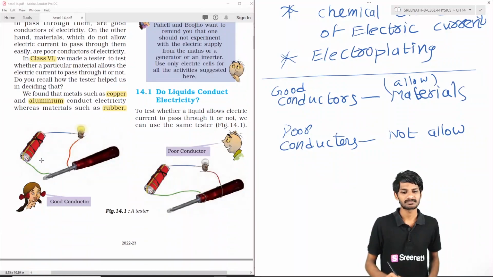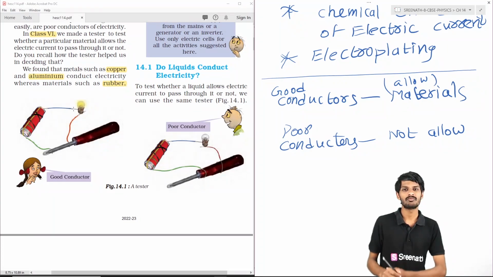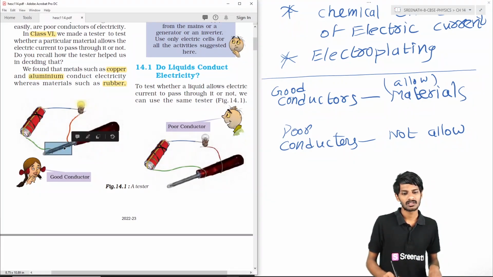If you look at the tester, it has a battery or cell, a bulb, and wires which are connecting the bulb and the battery. If you connect all of them through this screwdriver, which is a metal, the current passes through it, the circuit completes and the bulb will glow.